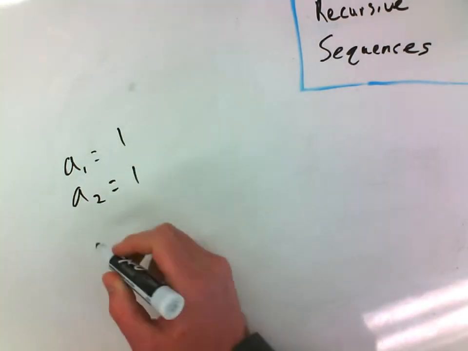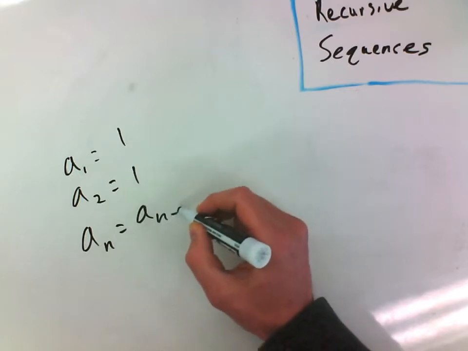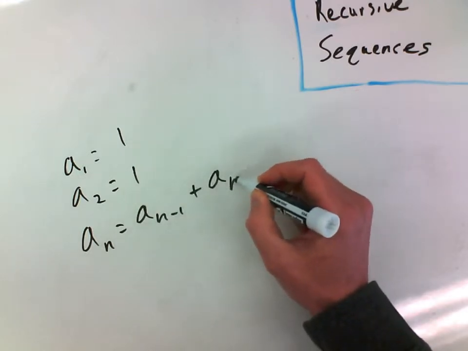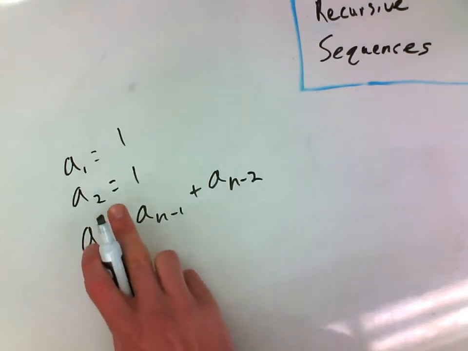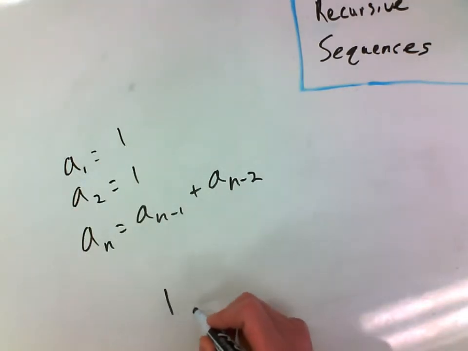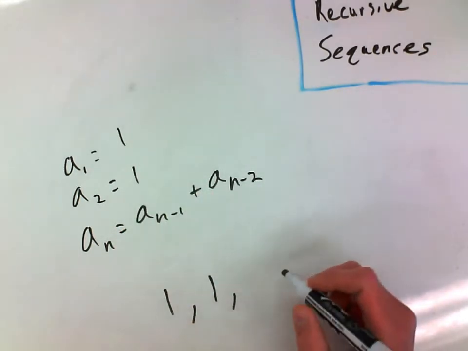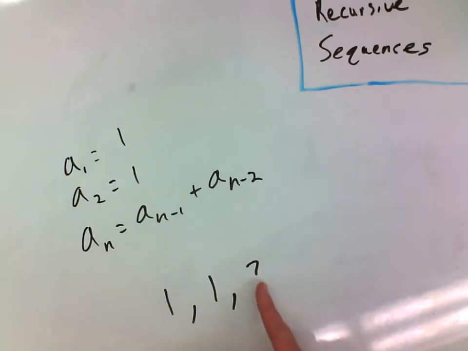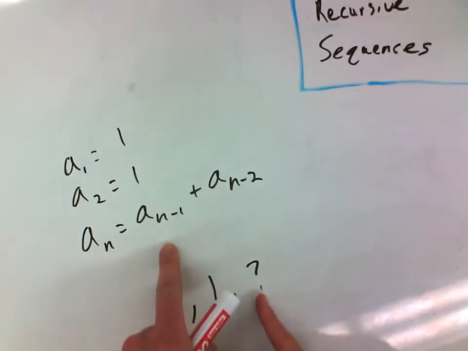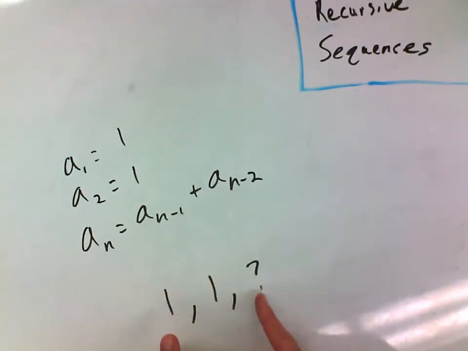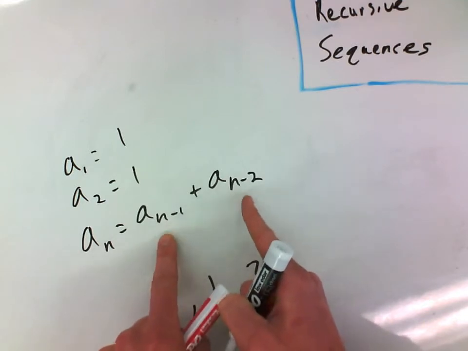So you start off with two initial cases for this one, and to get to the next one, you do like this. So this sequence right here, it tells me my first two terms. My first one is 1. My second one is 1. Okay, so now the question is, how do I get to my next one? Well, I know that this means the term before it, 1. And if I go 2 back, I'm looking at this one. So what this is telling me is I add the previous two terms together to get the next one.